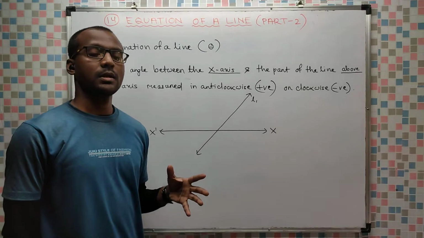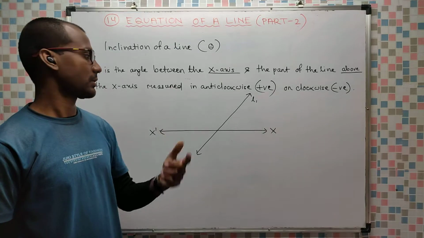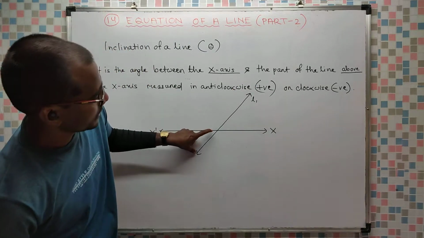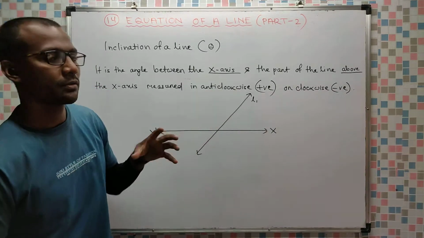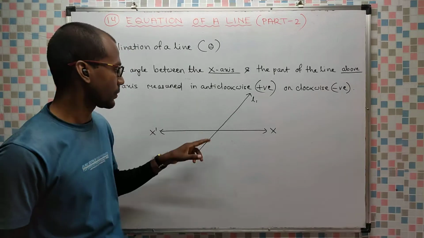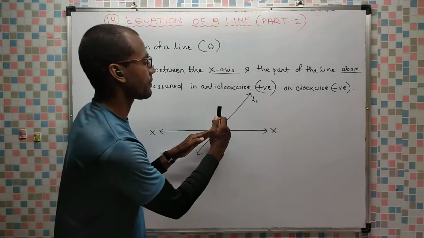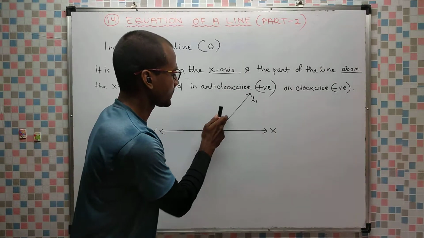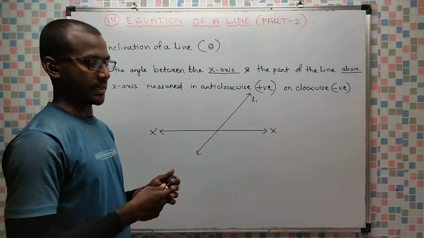It is the angle between the x-axis and the part of the line above the x-axis. You can see this is the line L1. This is the part below the x-axis and this is the part above the x-axis. We are interested in the part above the x-axis. So don't look at the part below. Simply look at the part above the x-axis. The angle between the x-axis and this part will be measured in anti-clockwise or clockwise.